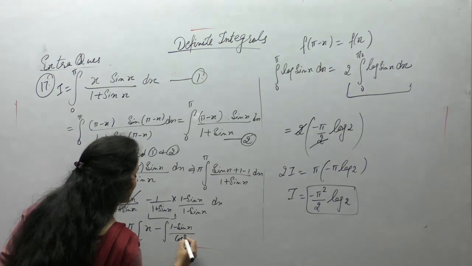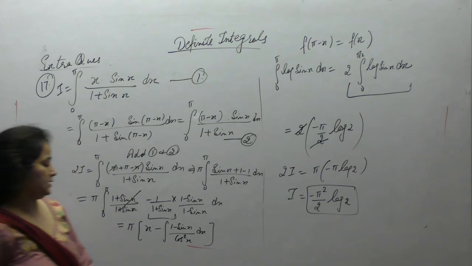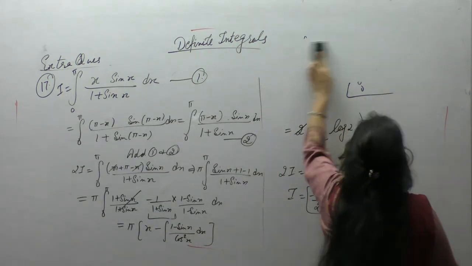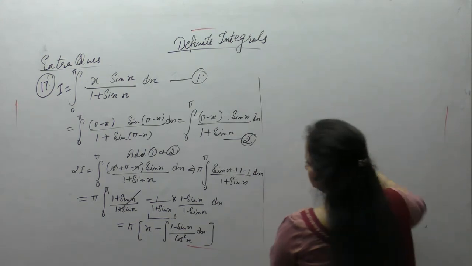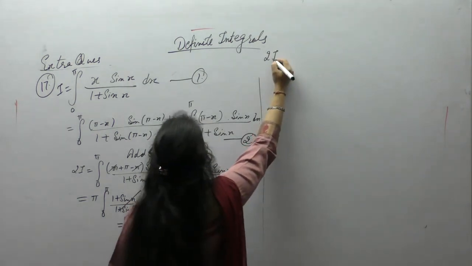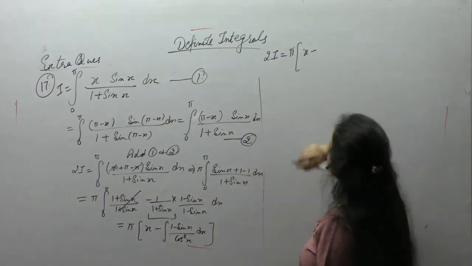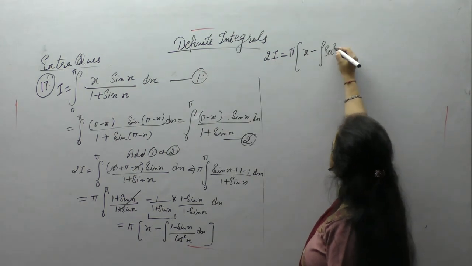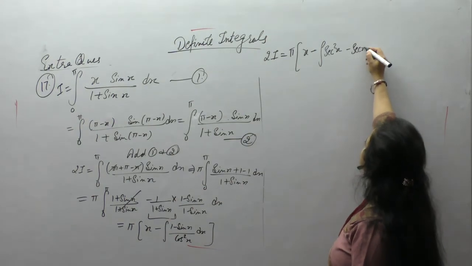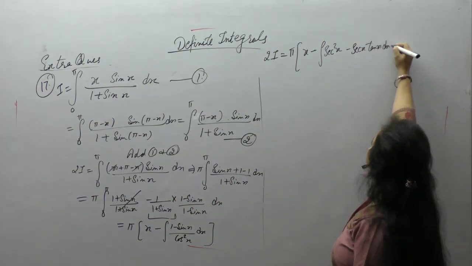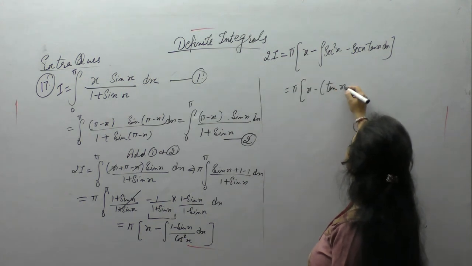And 1 minus sin square is equal to cos square x. 2I is equal to pi times x minus, 1 upon cos is sec, sin upon cos is tan, sec x tan x dx. Integral of sec square is tan and sec x tan x.